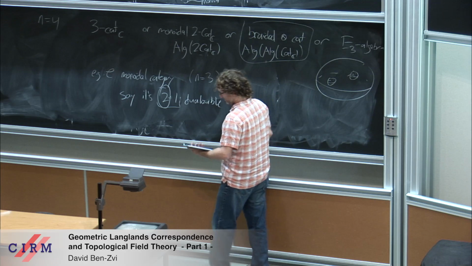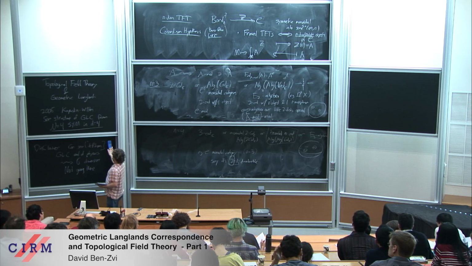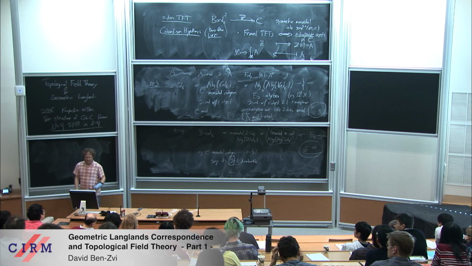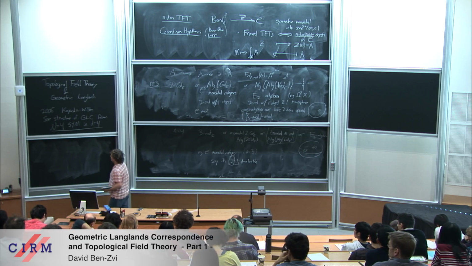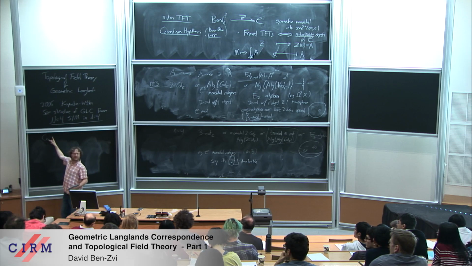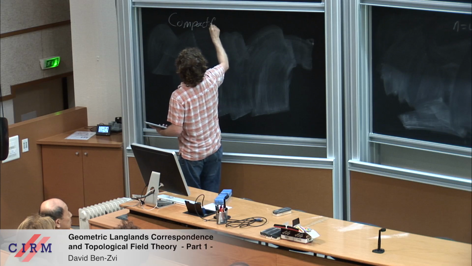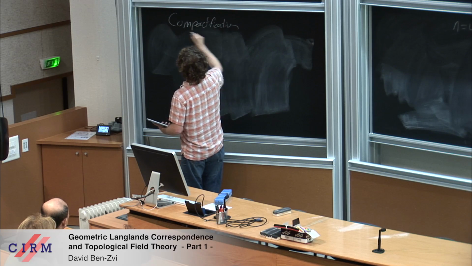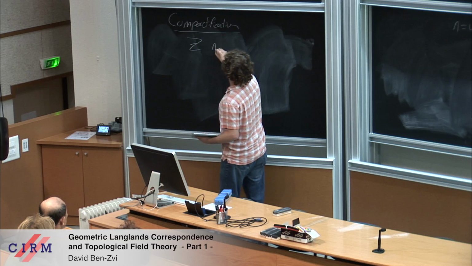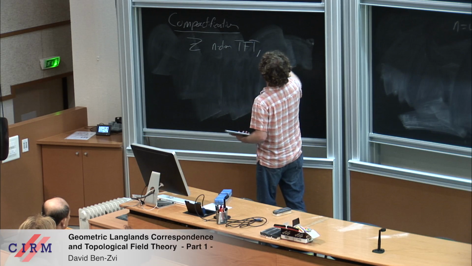So before we see some examples, let's do some of the structures you can do with topological field theory. So how can you build topological field theories from other field theories? So one structure we can do, is this board okay to use? Okay. So one little easy game you can do is called compactification. Suppose I give you an n-dimensional topological field theory, and I give you a k-manifold.